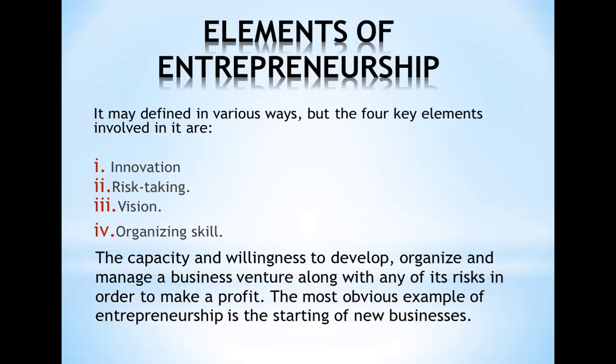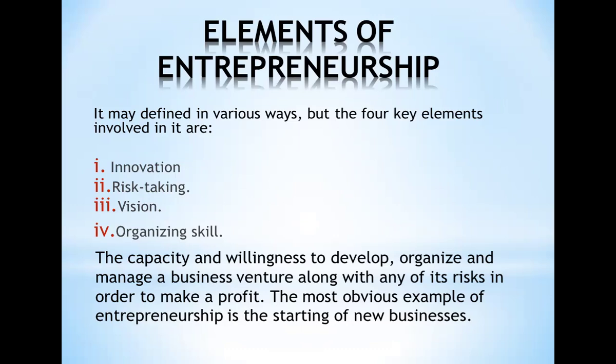The third element is vision. The entrepreneurship vision refers to the clear and forward thinking perspective that guides an entrepreneur's actions and decisions. And the fourth one is organizing skills. That means entrepreneurship also involves the organizing skills of the entrepreneur.